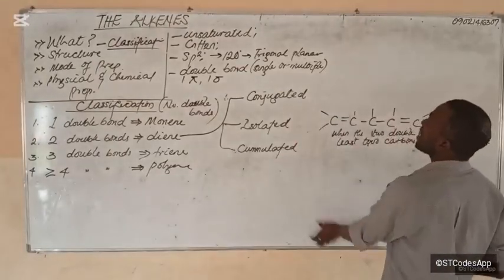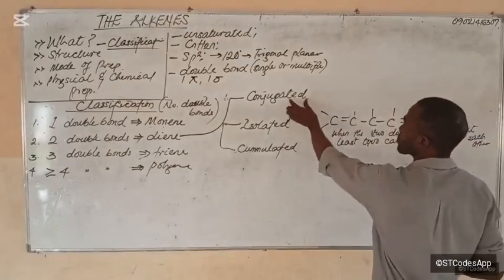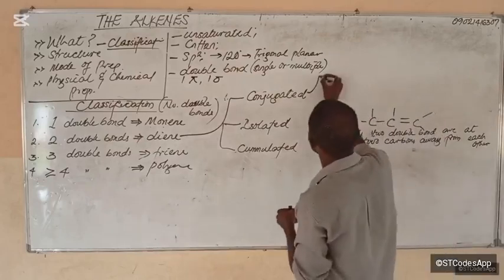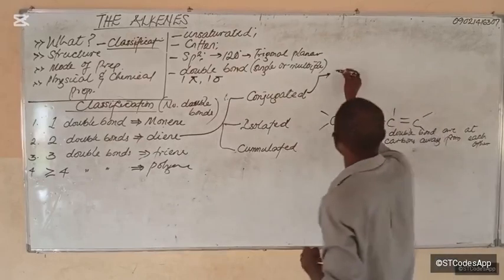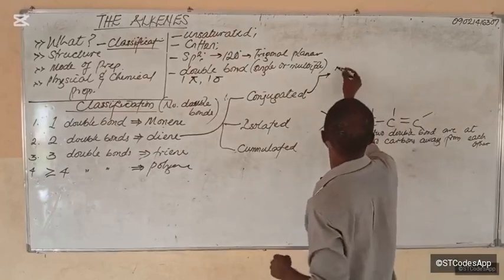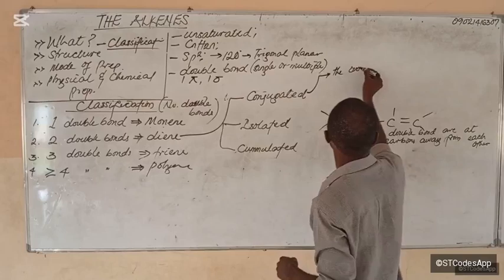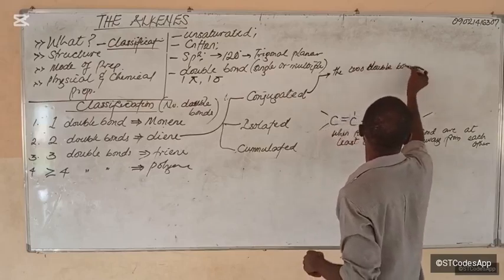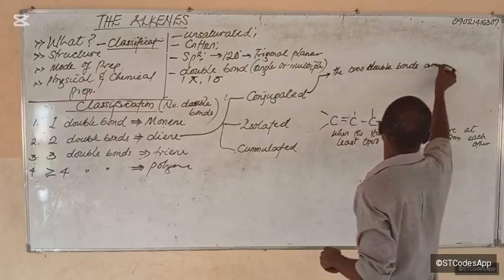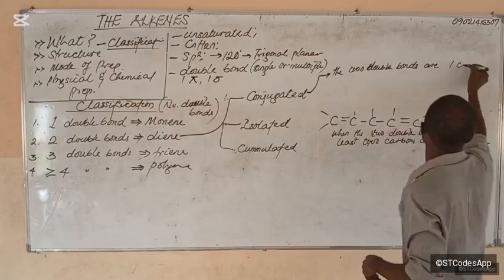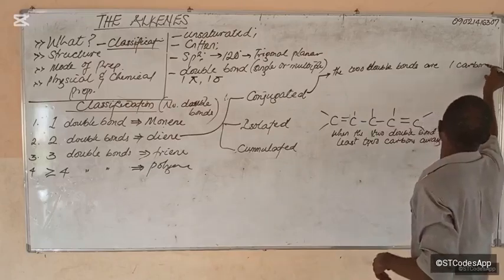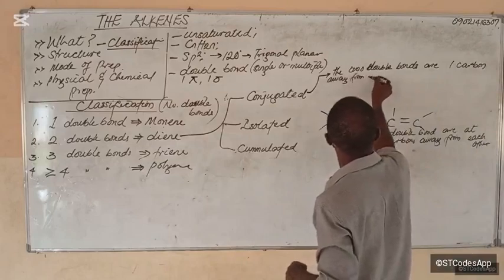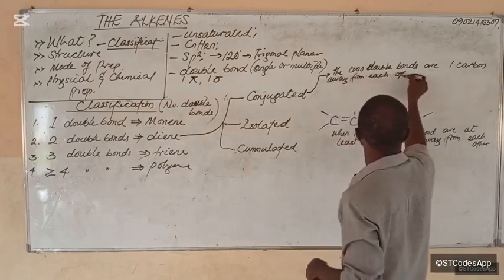Then you form a conjugated hydrocarbon when the two double bonds are one carbon away from each other.